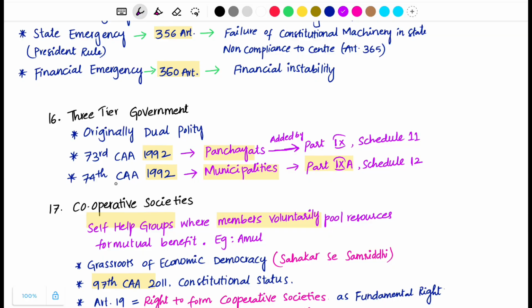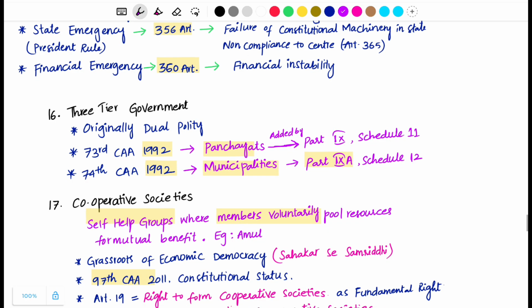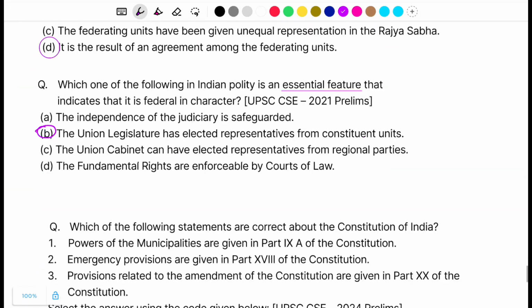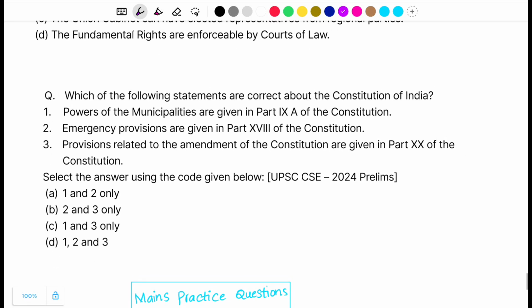See, I have told you, Part 9A is related to municipalities and Part 9 is related to panchayats. The same statement has come. So you must be careful. Yes, Part 9A is correct. Part 9 is related to rural local bodies, and Part 9A is related to urban local bodies and municipalities.